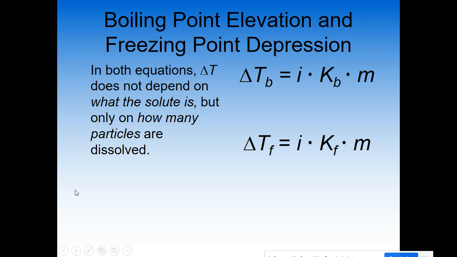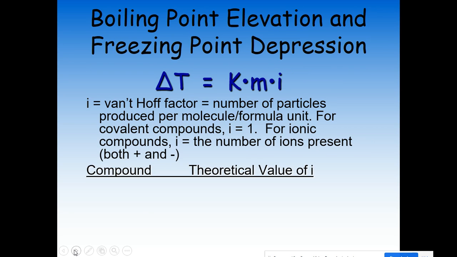Okay, so if you look at both equations, in both equations delta T does not depend on what the solute is, but on how many particles are dissolved, and we'll go over why that's the case. So this i is called a van 't Hoff factor, and it's the number of particles produced per molecule or per formula unit.